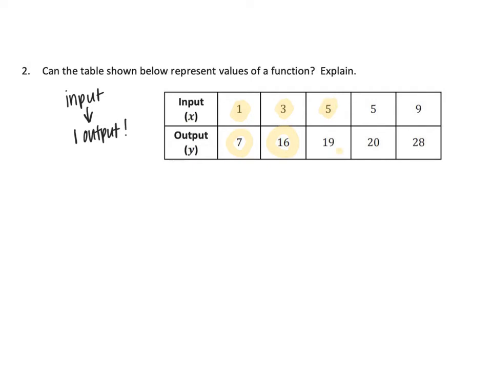This 5 gave us a 19. But it says 5 also gives us a 20. So this is where we go wrong. We have 2 outputs for the same input. So no, this is not a function. There are 2 outputs for the same input.